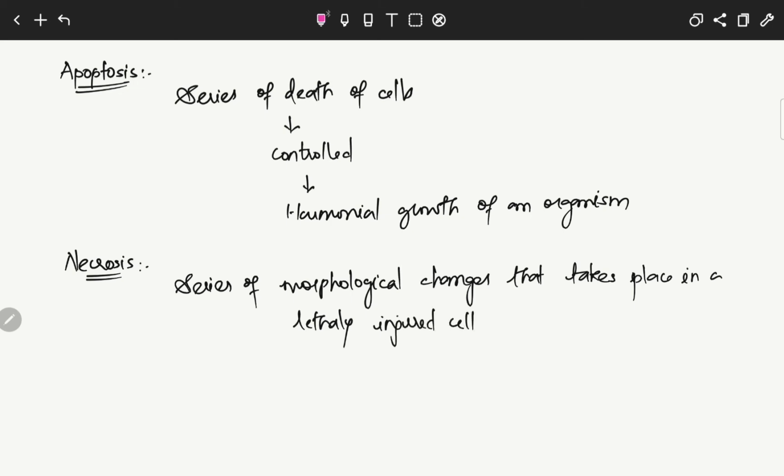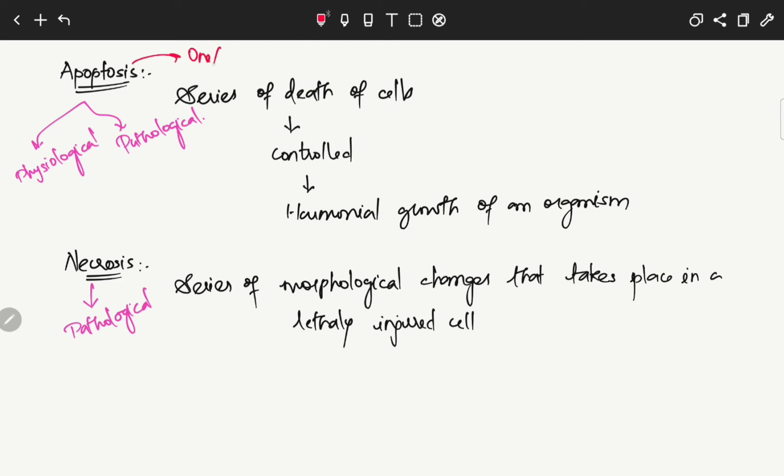So from these definitions itself, we can easily infer that necrosis is always pathological, and apoptosis, it may be pathological or it may be physiological. So what happens in apoptosis?